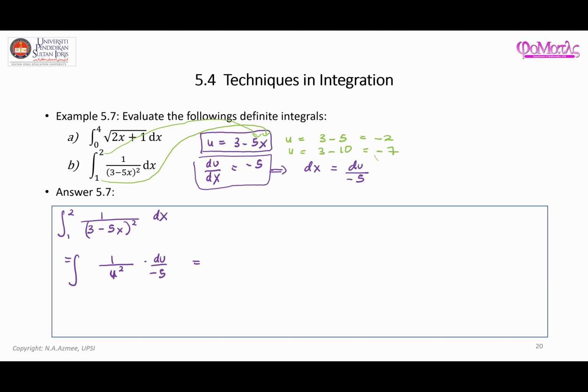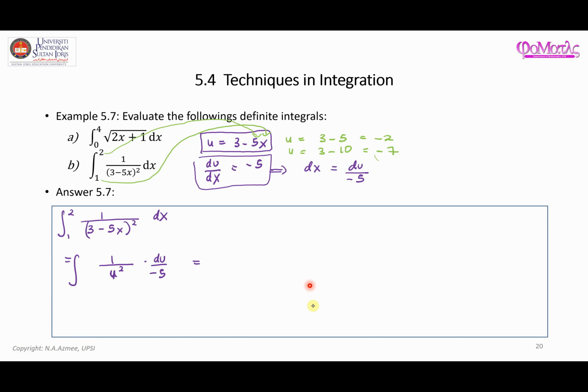So we can ignore the limits for a while, and just continue without changing the limit first. It's okay, we can do that.